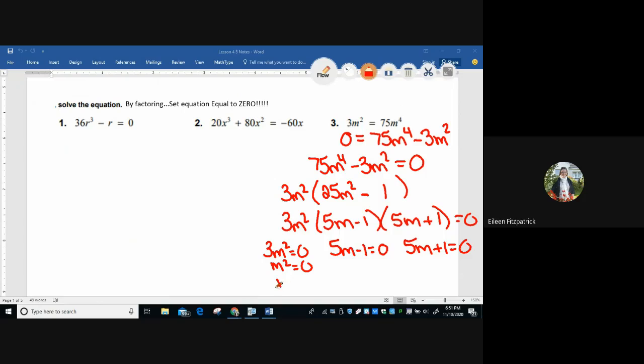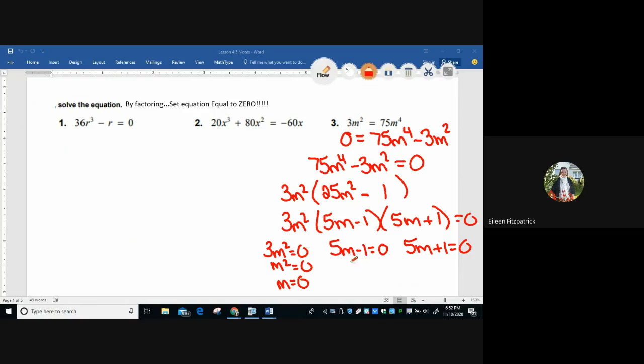So you're going to have m is equal to, it would technically be plus minus square root of 0, but 0 is neither positive nor negative, right? So we don't really do the plus minus part, but that's typically the next step, to take the square root of both sides and don't forget your plus minus. But in this case, m is equal to 0.